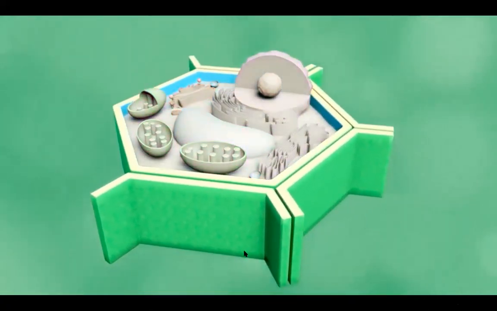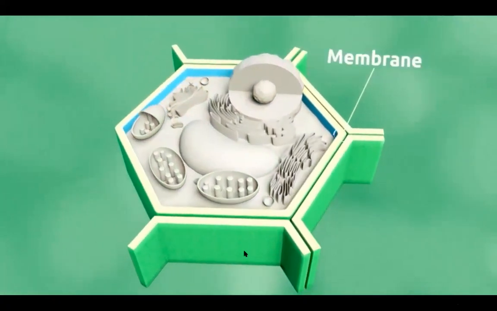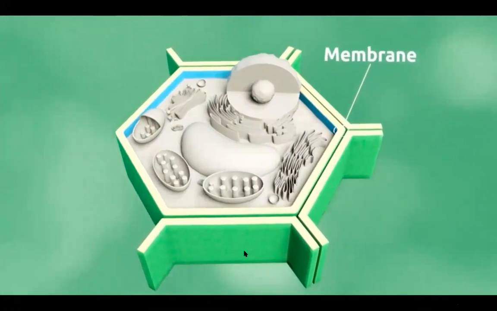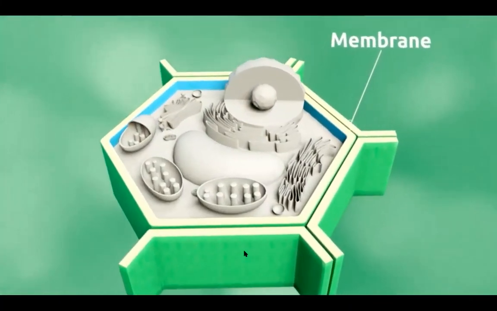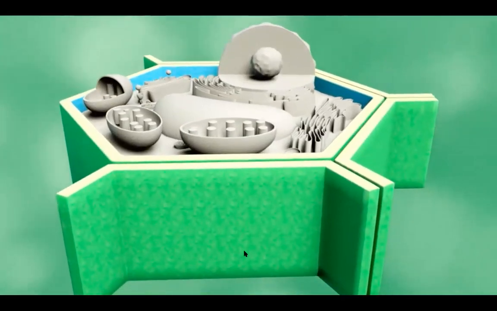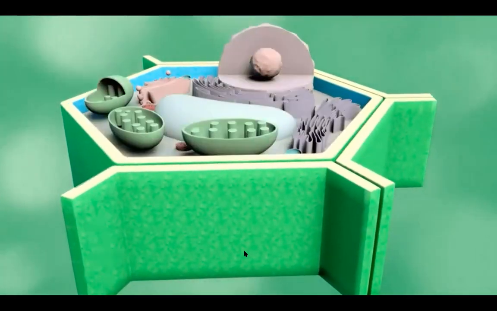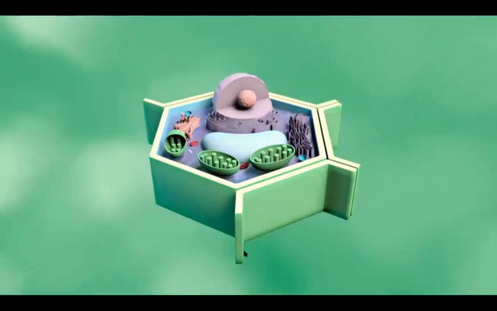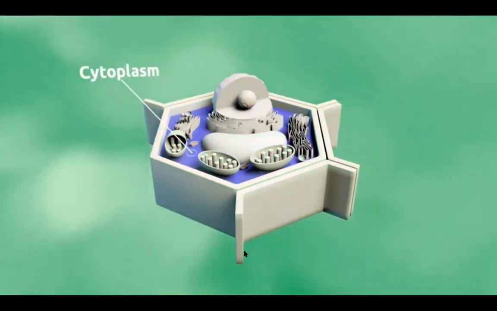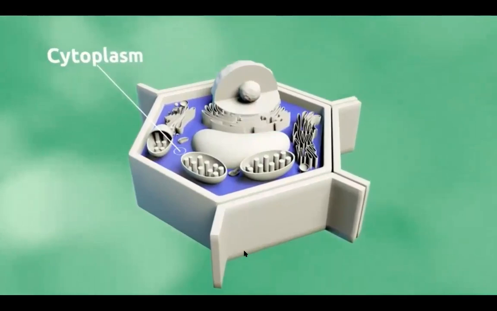The membrane is a layer that surrounds and protects the cell from the outside environment. The main function of the membrane is to allow food in and release waste substances. Membranes have rigid wall cells which hold up the plant. The cytoplasm is a thick solution found inside the membrane. Organelles are located in the cytoplasm.